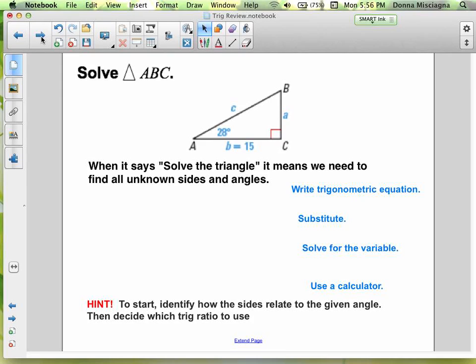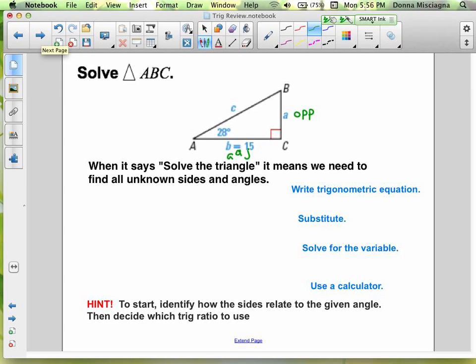Before you get started, always identify how the sides relate to the given angle. Decide which trig ratio to use. I guess we'll go alphabetical and solve for A. A is the opposite side from angle A. It's across the triangle. And we know sides are named for the angles opposite them. So of course side A is opposite angle A. And then B is the adjacent side.